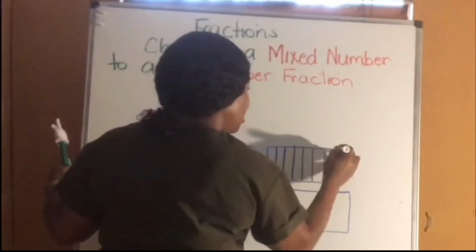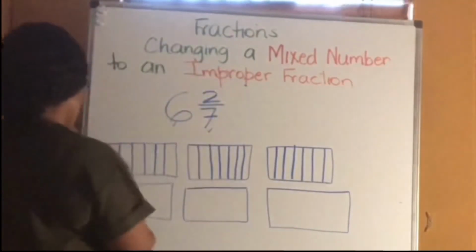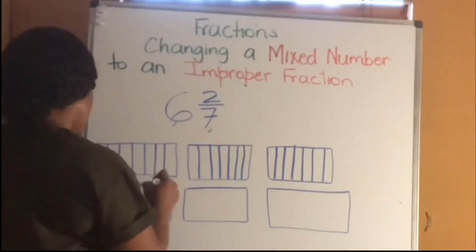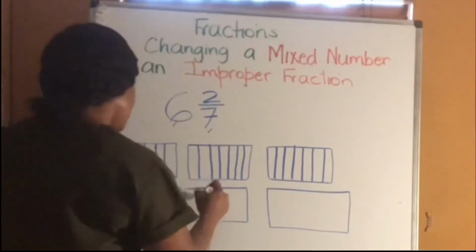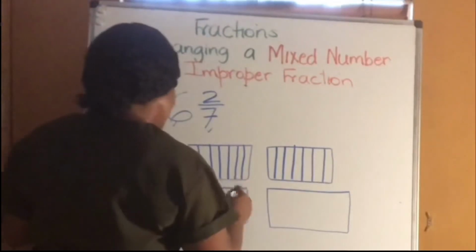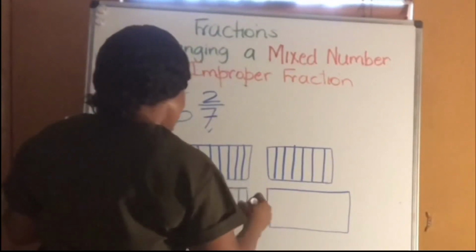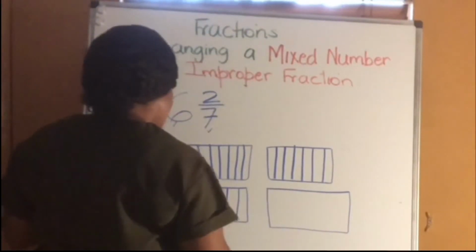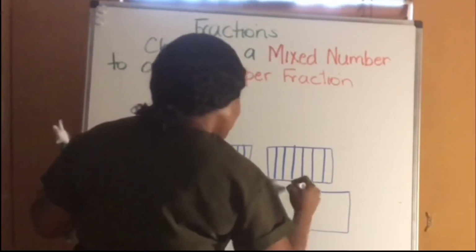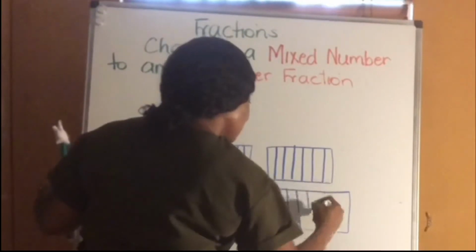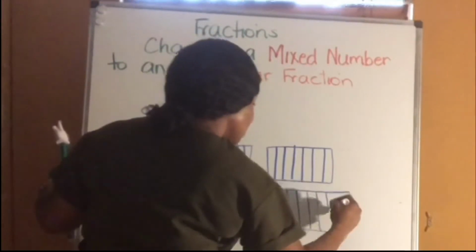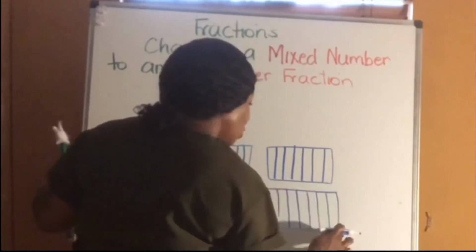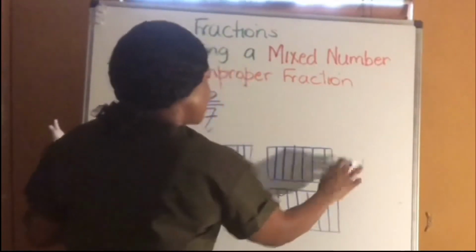I'm not measuring. This is kind of long because our shapes are being cut into 7 parts. And it's 6 shapes so far. So there we have our 6 shapes.